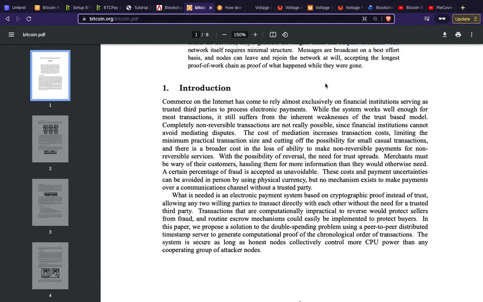What is needed is an electronic payment system based on cryptographic proof instead of trust, allowing any two willing parties to transact directly with each other without the need for a trusted third party. Now, this is the solution, right? You need a payment system based on cryptographic proof instead of trust.